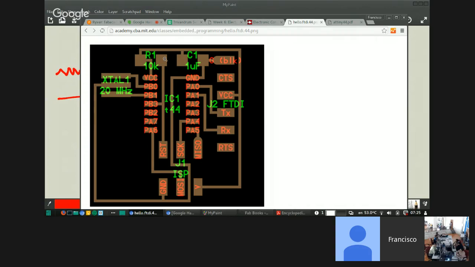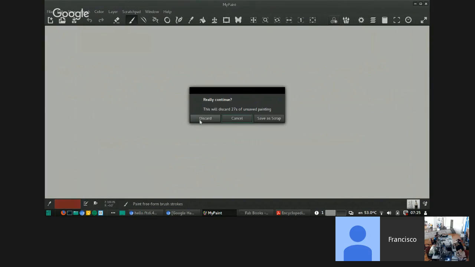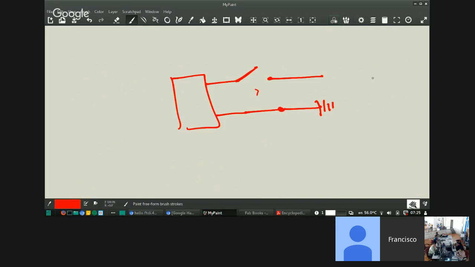But if you put the microcontroller on air, connected to nothing, and you connect this to ground, it can read 0 volts. If you put this to VCC, the microcontroller will tell you this is VCC, this is 5 volts.